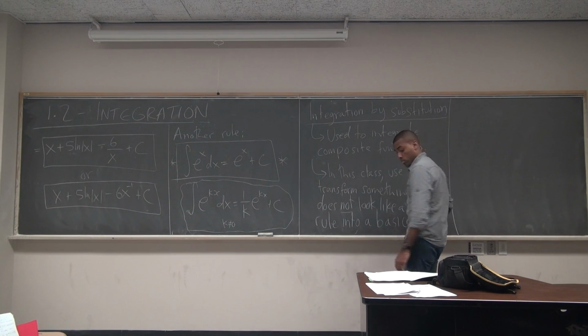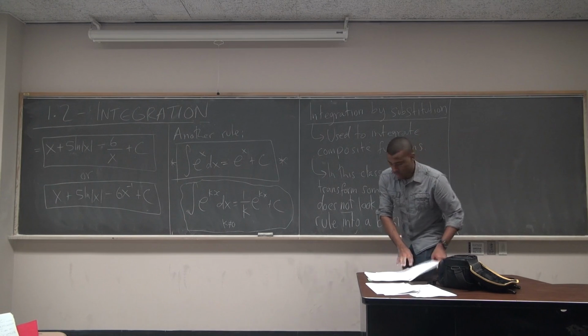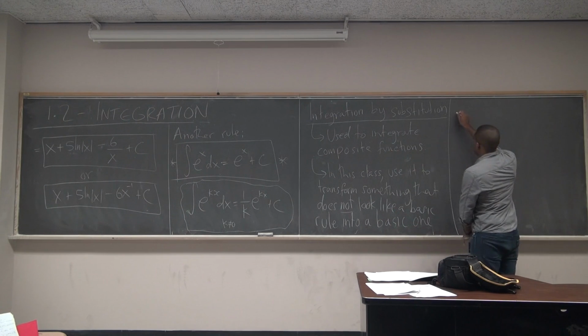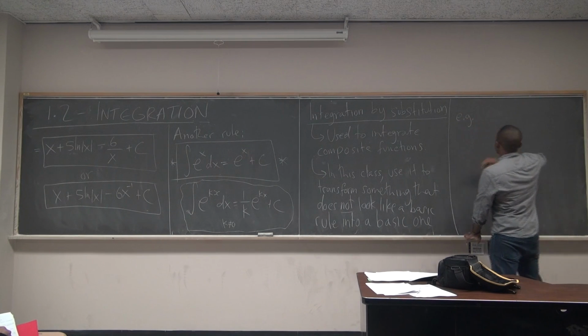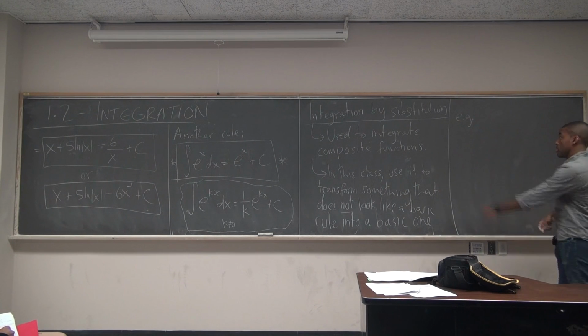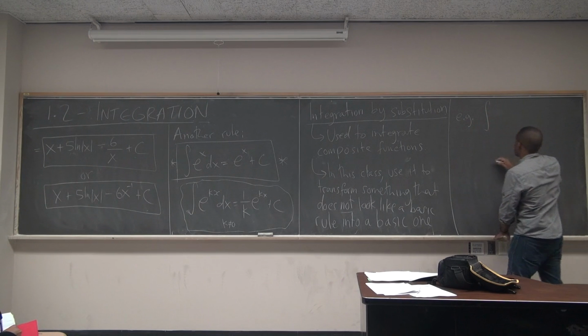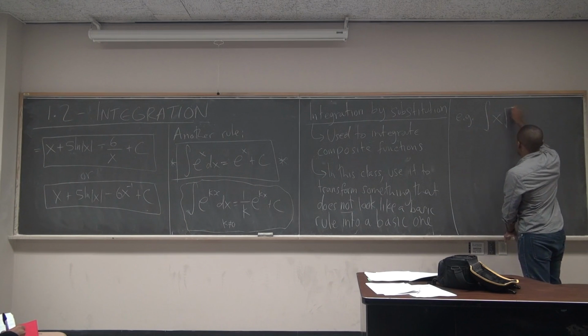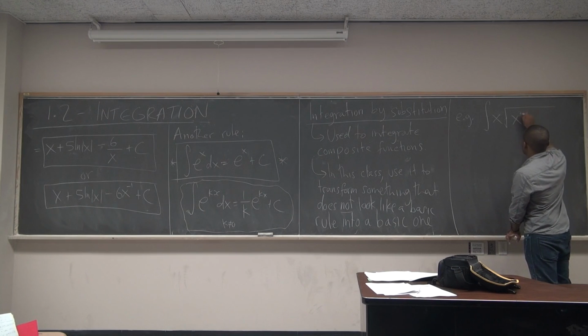So just do an example of what I mean. Slightly a review, so I won't go into too much of the theory. Let's say I had something like x times the radical of x squared plus 4.